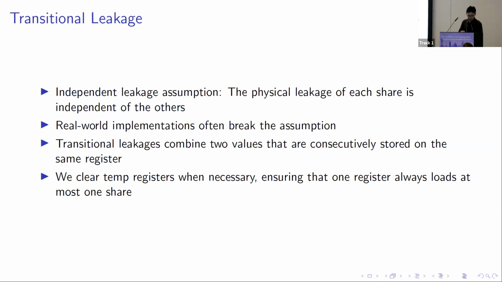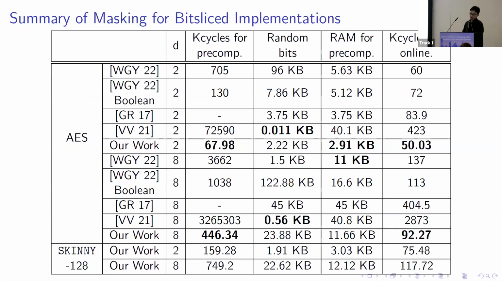To prevent this issue, we clear temp registers by assigning 0 values when necessary, ensuring that one register always loads at most 1 share. Our masking scheme is suitable for ciphers using the bitslice technique, which is efficient for software implementation.